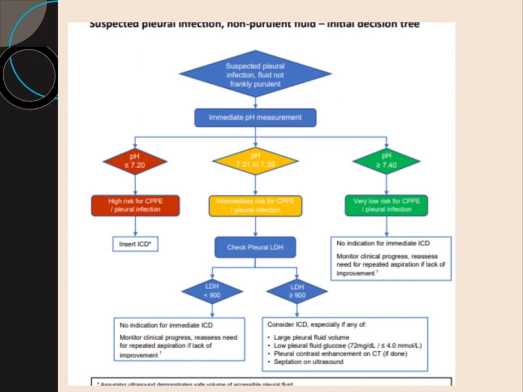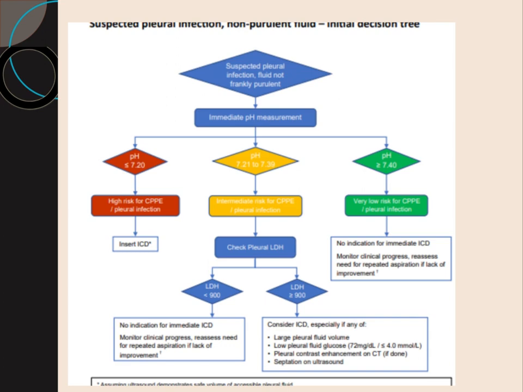If the fluid pH is 7.21 to 7.39, that's intermediate risk, then we need to look at the LDH levels and other parameters, like the patient's inflammatory markers, on scan whether there is high contrast enhancement of pleural layers, and whether it is multiseptated lesions on ultrasound.